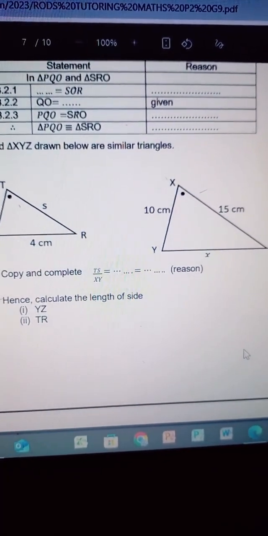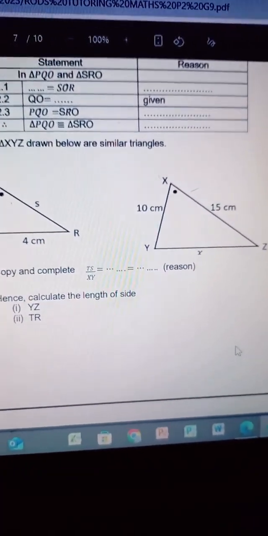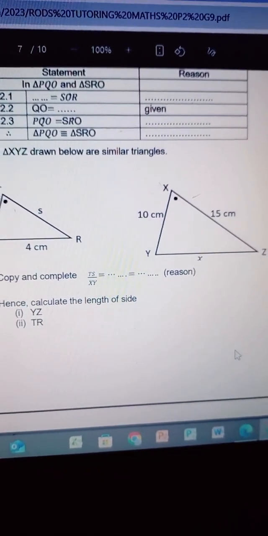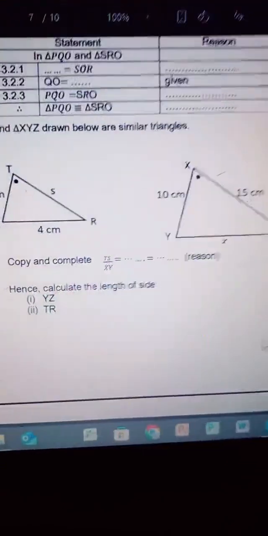Right? So TS over XY must give you a ratio of 2 over 10, which is 1 over 5.